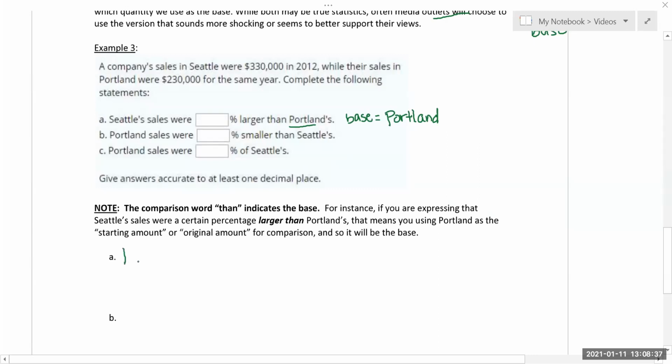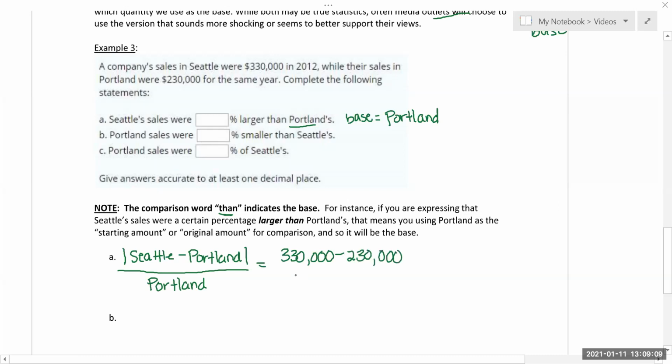So for that one, our formula would be the Seattle sales minus the Portland sales over Portland. That's my base piece. So it's the "than" indicating my base. This is saying how much bigger are Seattle's sales than Portland. So if we do this one, Seattle was 330, Portland was 230, and we're doing that over Portland.